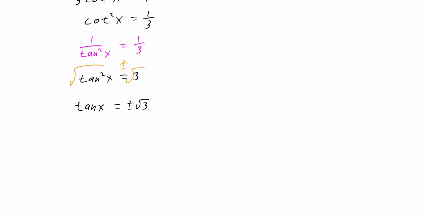So now, because this is the tangent, that means we're looking at where does y over x, that's the y divided by x, where does that equal either a positive or negative square root of 3? So once again here we can go to the unit circle, and if you look at the circle, we know that there's kind of a limited number of coordinates, and if we focus on the coordinate that is 1/2 and square root of 3 over 2.